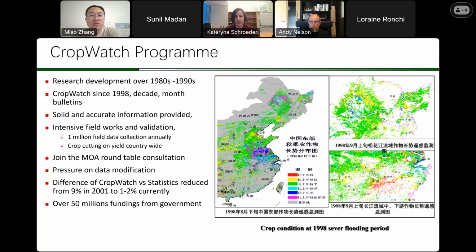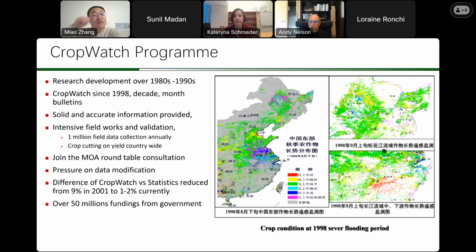While we used remote sensing data to monitor crops, and with our monitoring, we found only limited croplands were affected by the flood, mostly along the rivers and lakes. But the high rainfall also provided sufficient water, which benefited crops in other regions. So according to our monitoring, the crop production that year actually did not decrease but increased compared to the previous year.